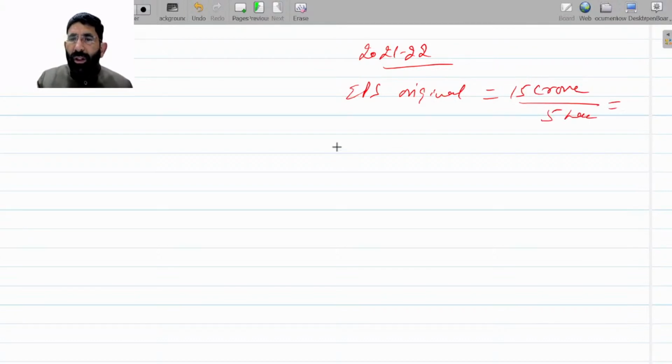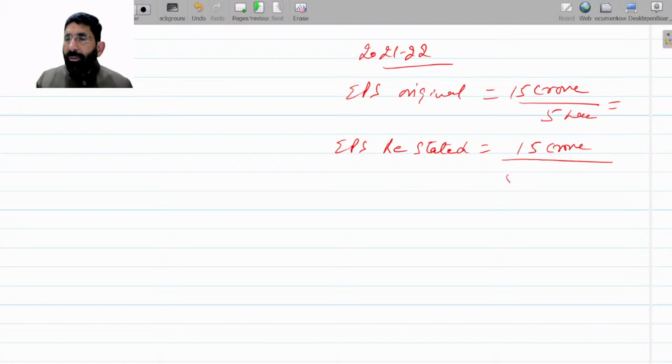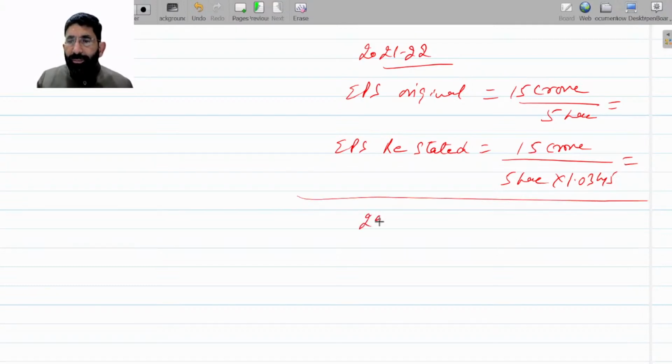This is the original. Then EPS restated is equal to 15 crore divided by 5 lakh into 1.0345. So this is regarding 21-22.